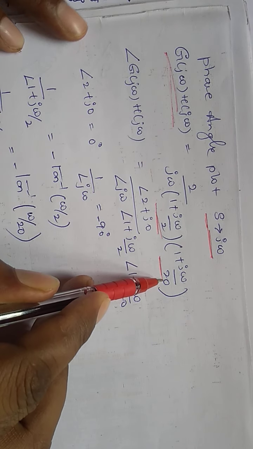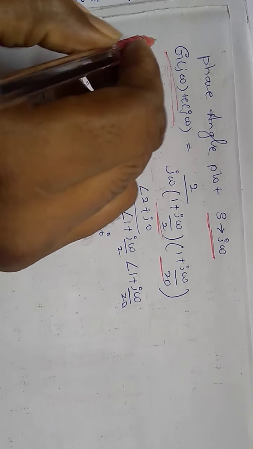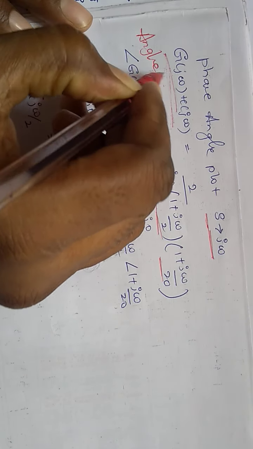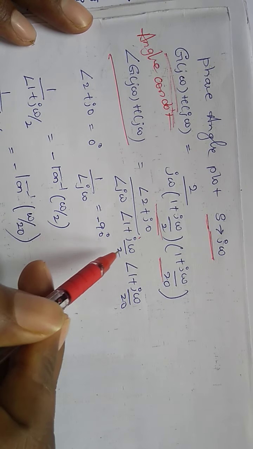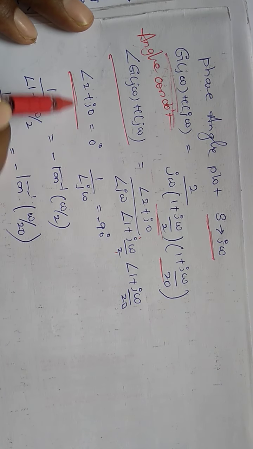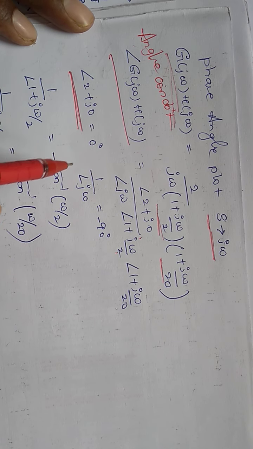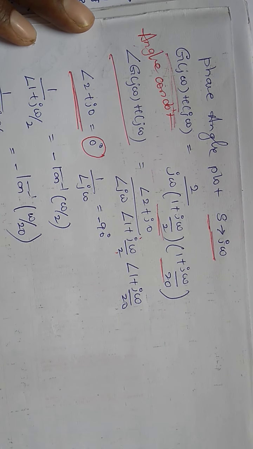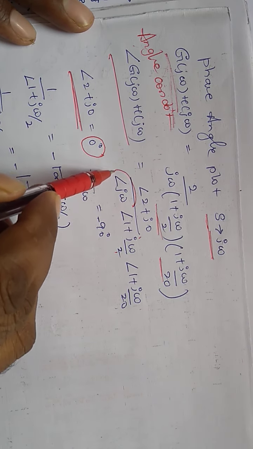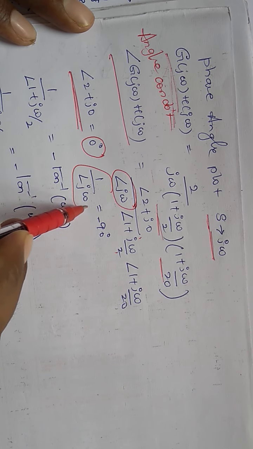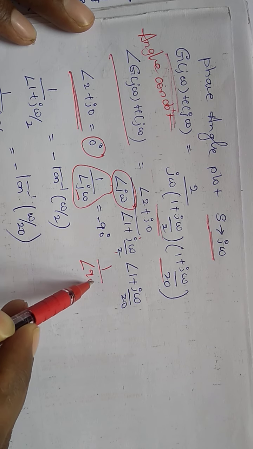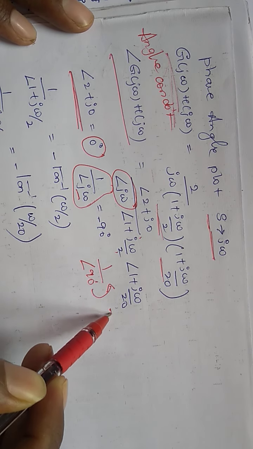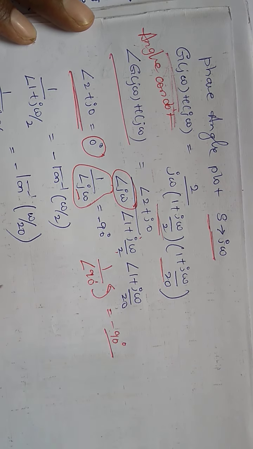Then you have to apply the angle condition, angle of the function. If you apply the angle to any constant term, its angle is 0. Then consider the first term, 1 over j omega. The angle of j omega is, we know, 90 degrees. If it is shifted to the denominator, it becomes minus 90.